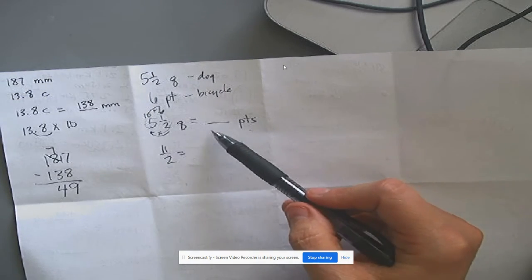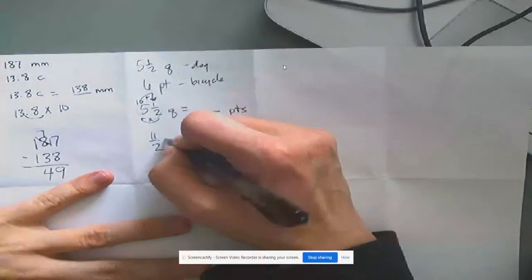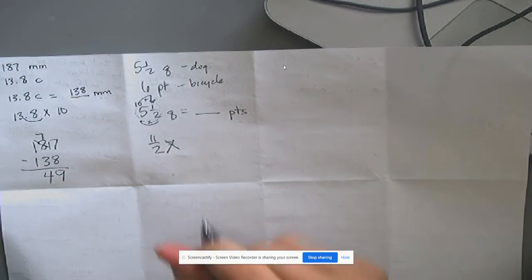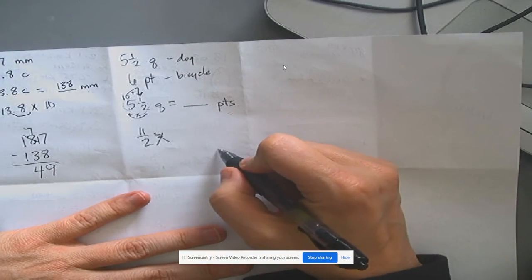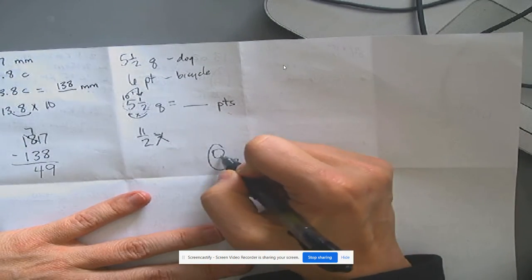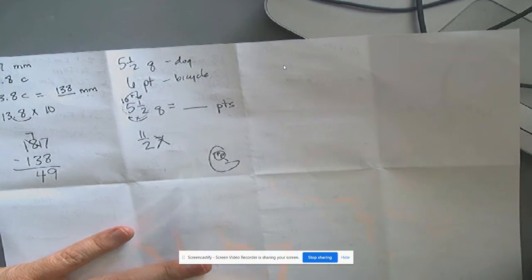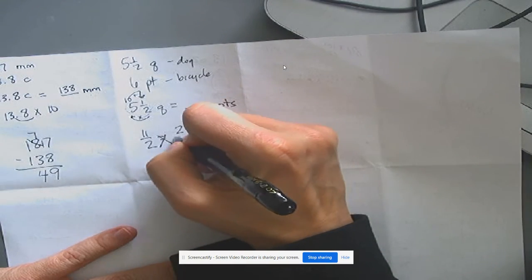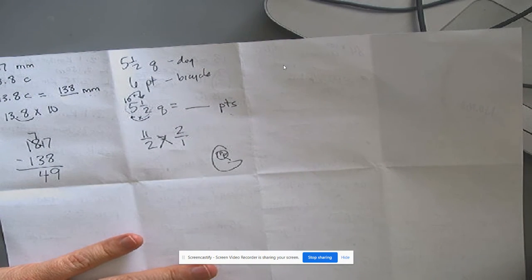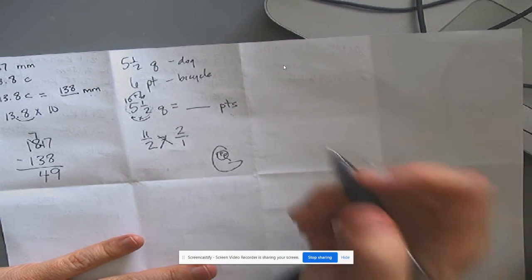So horse to fly, multiply. So 11 halves. So here's our gallon again. Let's get our gallon real quick. We just need to do quarts, and there's 2 pints in each quart. So we're going to multiply by 2, right?